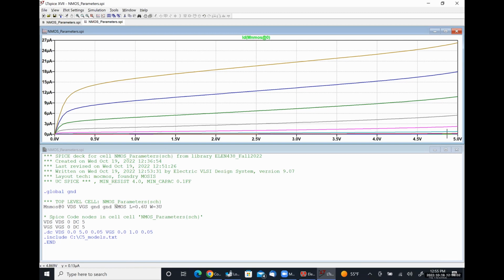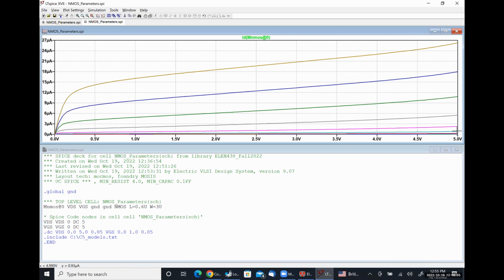So the first current plot that is not 0 across the entire range of VDS values corresponds to VGS equal to 0.75 volts. So that's what I'm going to estimate my threshold voltage to be.